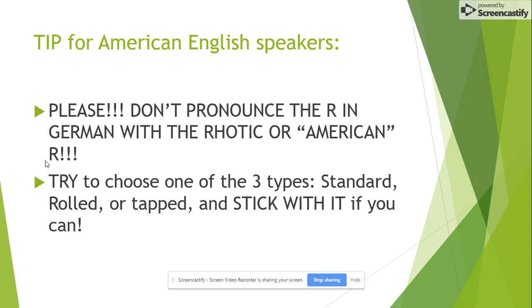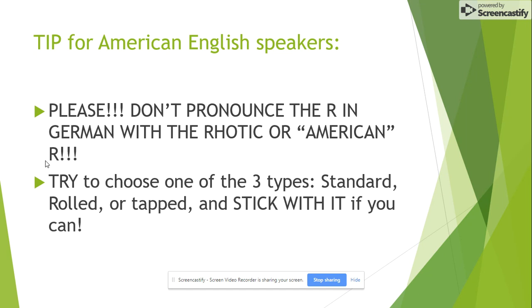So a tip for you is try to choose one of these three types of R's when you speak German. Either the standard French type R, or the rolled R, or the tapped R. Whatever is easiest for you, and stick with it if you can. I know a lot of, for example, American students who know Spanish.